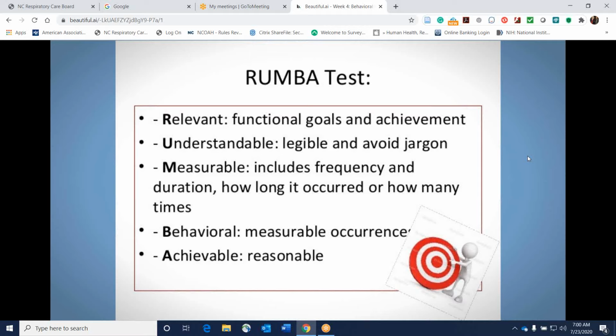Affective domain, again, sort of the same thing. What's the behavior that you want them to have? So when I say you have to have one objective for each of these domains, quite honestly, if you think about it, a better way to put that is each domain should be present within an objective. For example, if you want them to be aware, which is a behavior, it's also something they can do.